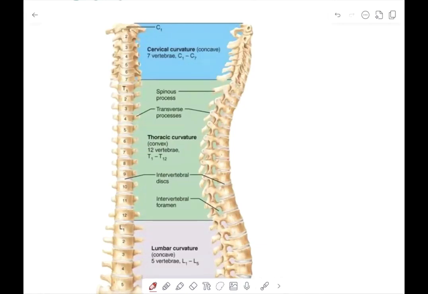Each of these discs that are between the vertebral bones are discs of fibrocartilage, so they act like shock absorbers. All the vertebrae are numbered by the region that they're at and the specific number, with the exception of the first 2. The first one is C1, but it's got the name of Atlas.